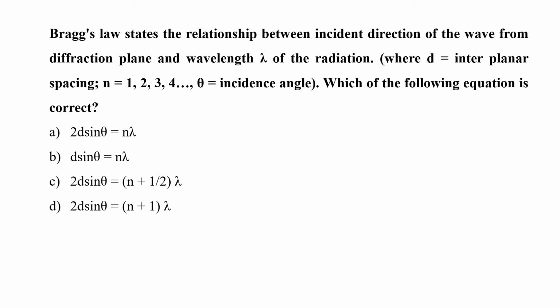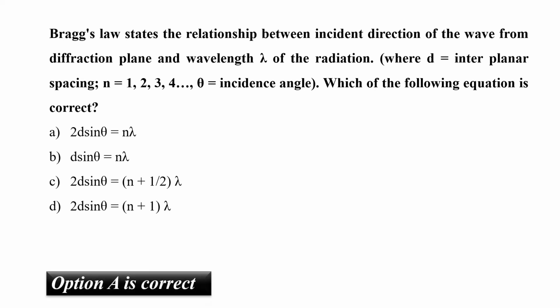The equation for this reaction is 2d sine theta is equal to n lambda, where lambda is the wavelength, d is the spacing, theta is the angle of incidence, and n is any integer. So the correct answer to this question is going to be option number A.